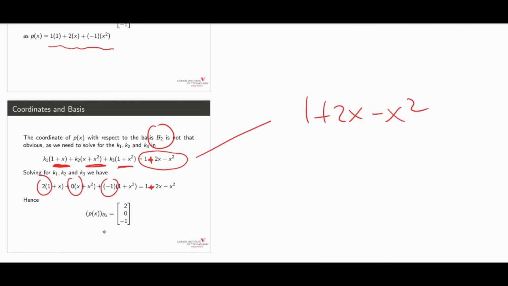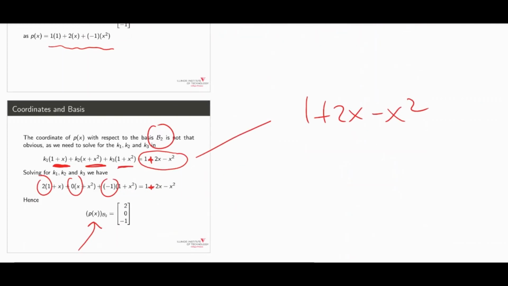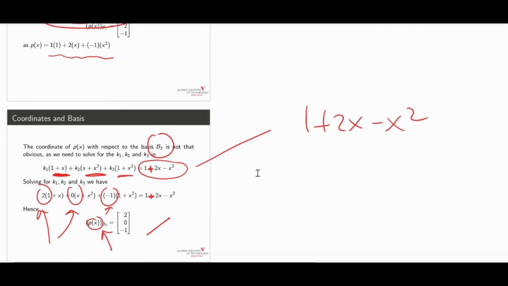So the same polynomial as before has a different way of labeling it, so the coordinate will be different. The coordinate is taken as the coefficients of all these basis vectors, so the coordinate will be 2, 0, -1. So 2, 0, -1 is the coordinate of this polynomial relative to basis B2.